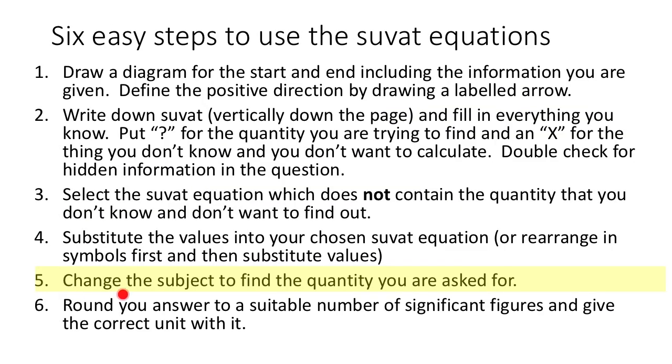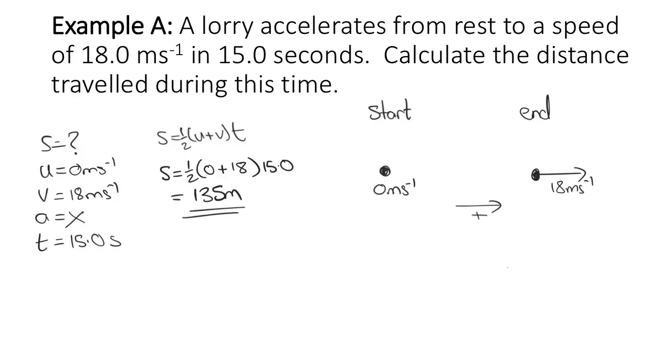In this case, we didn't need to change the subject of the equation, so we can move to the final step of rounding the answer to a suitable number of significant figures and giving a unit. Since our data was all given to 3 significant figures, we should give our answer to 3 significant figures, which it already is, and I already wrote in the unit of meters, so we're finished.